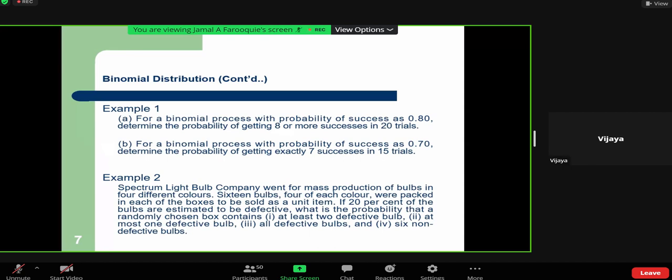And P is 0.2, small p. Yes, P is 0.2. And for the first case, what is R?